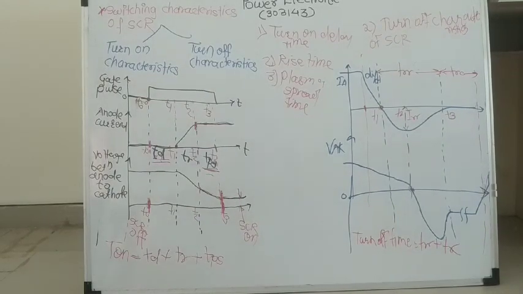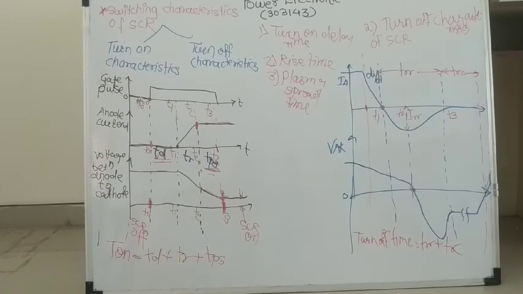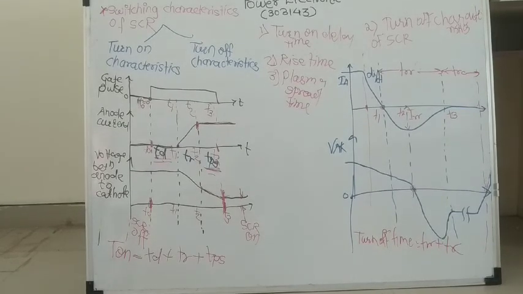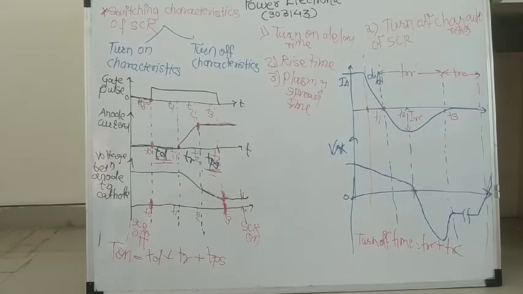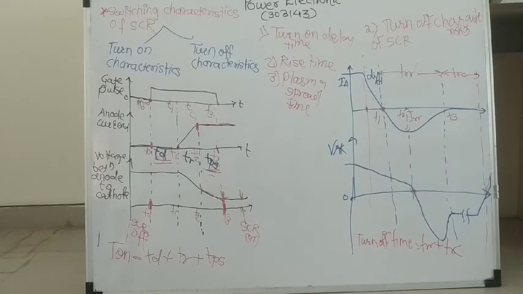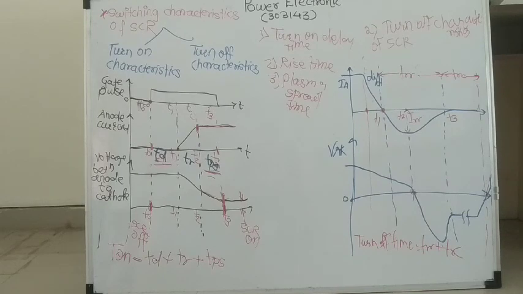Now here, circuit turn off time and SCR turn off time are totally different. But this is the important concept at the time of turning off the SCR. Only SCR turn off is not enough, we have to completely turn off the circuit also.